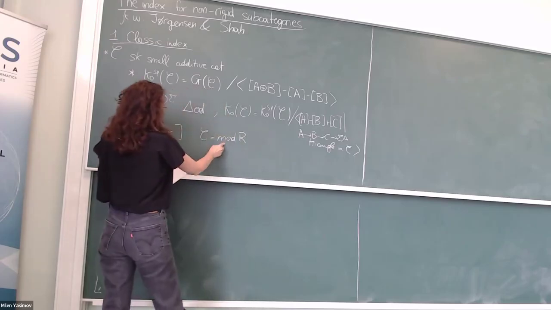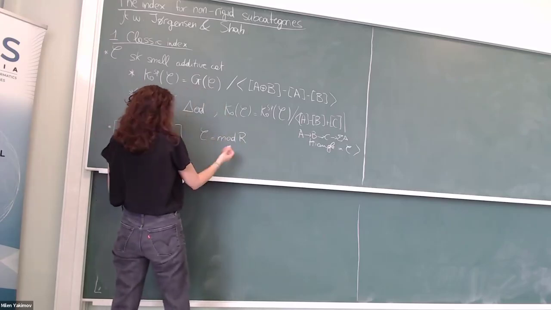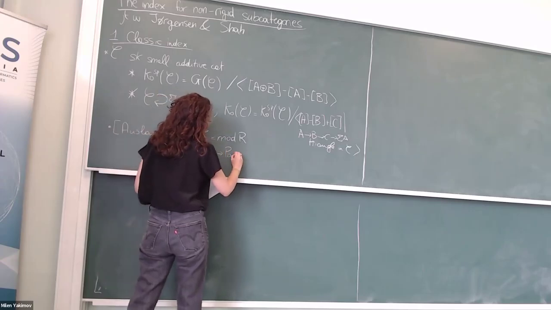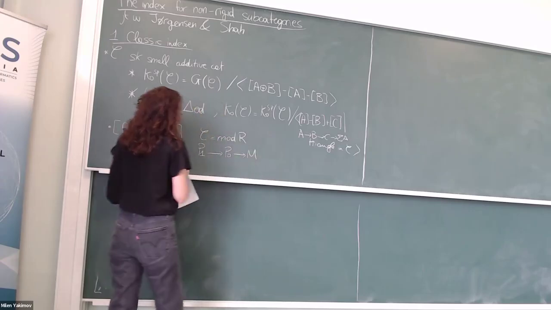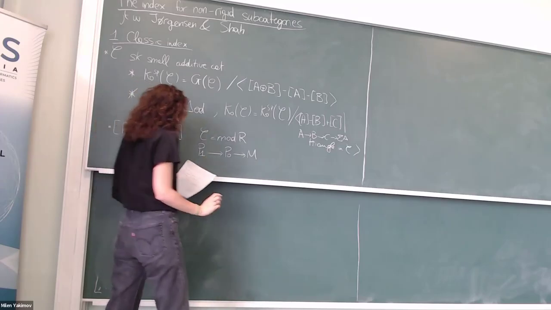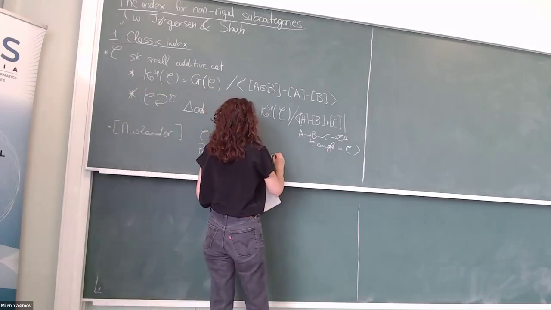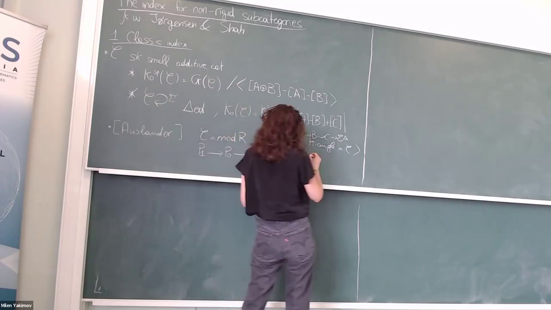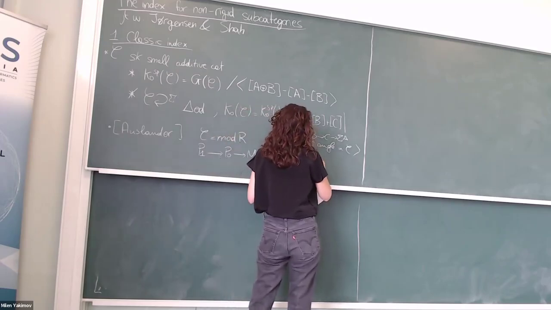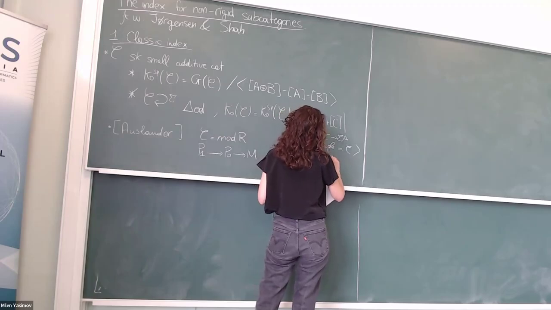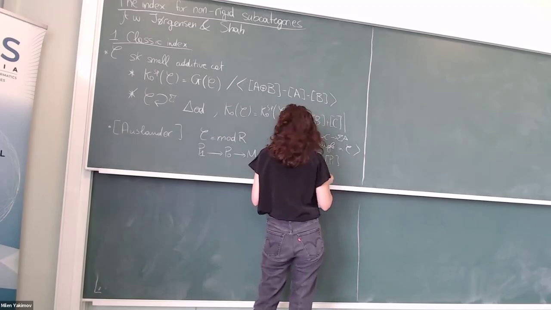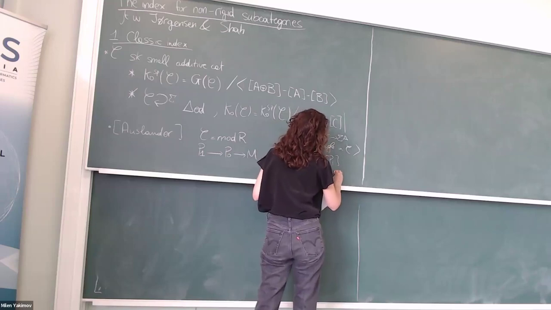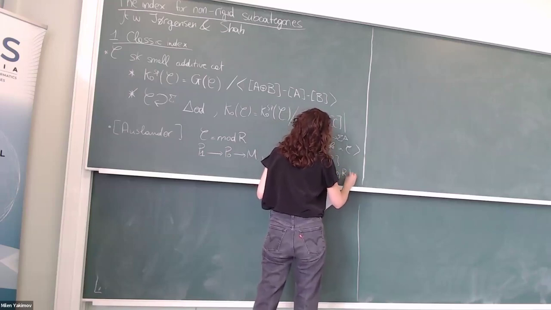And then each element M in here has some minimal projective presentation. So these are projective modules. And then the index of M is defined as the class of P0 minus the class of P1 in K0 of Proj of R.